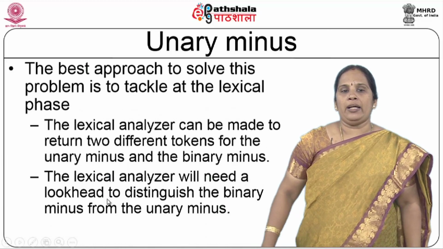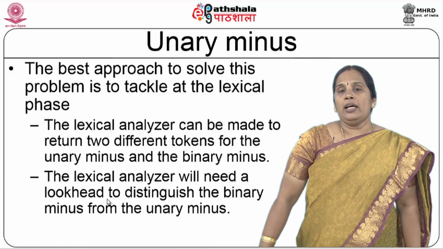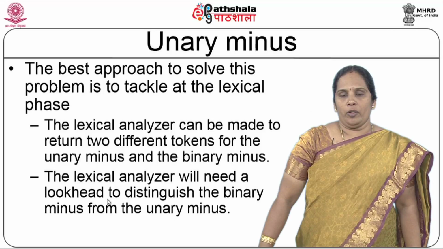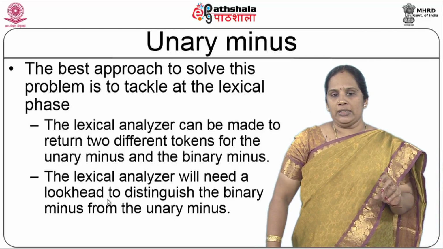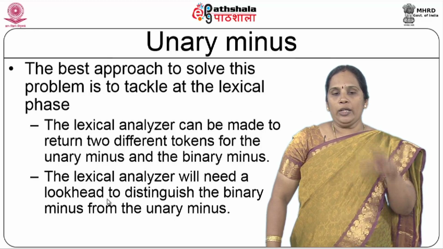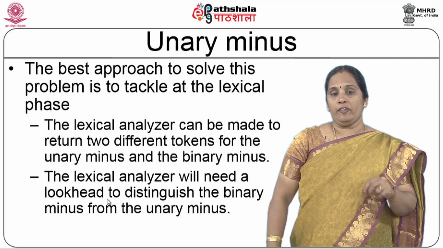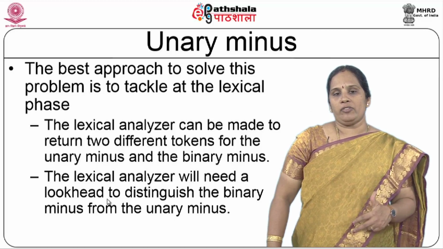Now, how is it typically handled? This is typically handled in the lexical analysis phase itself. The lexical analyzer will consider two different tokens, one for unary minus and one for binary minus, which is distinguished at the lexical phase itself and carried forward to the syntax phase for parsing.